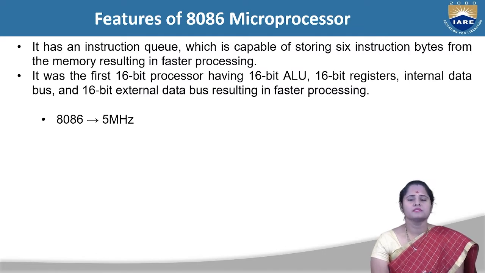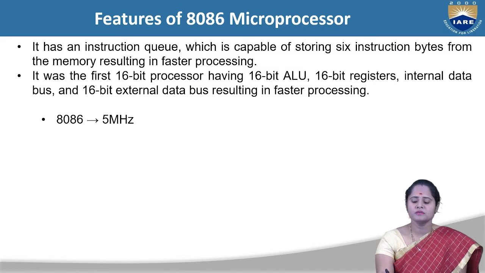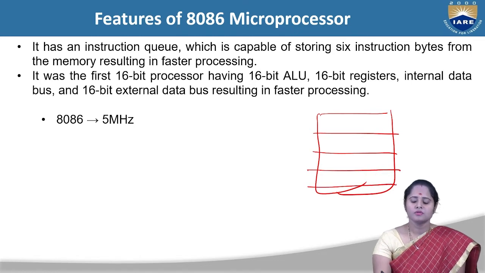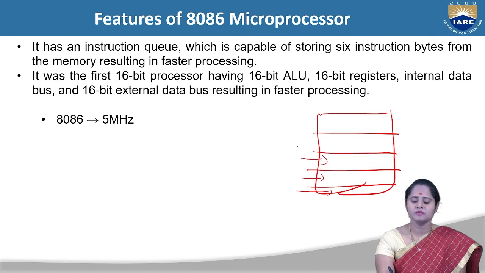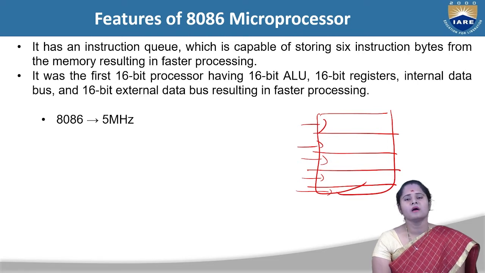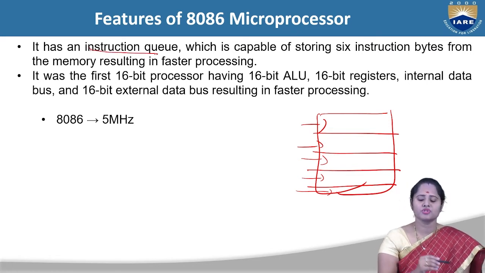What is an instruction queue? A queue is a kind of sequence, where my instructions are placed one after the other beforehand. If the instructions are placed beforehand, my processor can take the data and process it faster in less time. That is the need for an instruction queue.